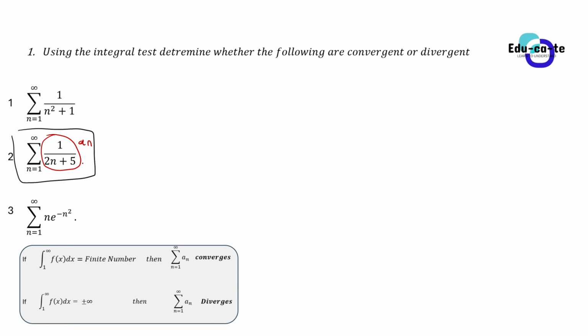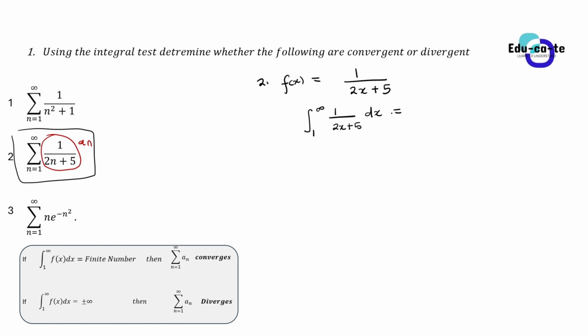To convert this sequence into something you can write geometrically, you say f of x is equal to 1 over 2x plus 5. Where there is n, you put x. And you would have to find the integral of this from 1 to infinity. So the integral from 1 to infinity of 1 over 2x plus 5 dx must give you what?